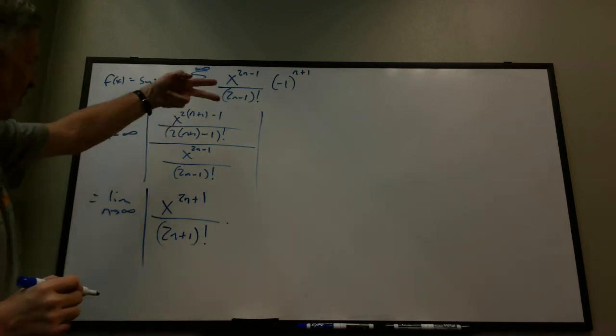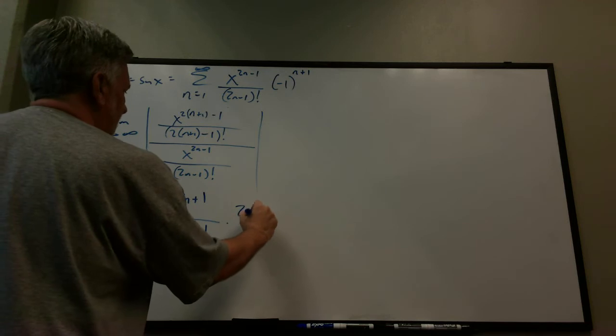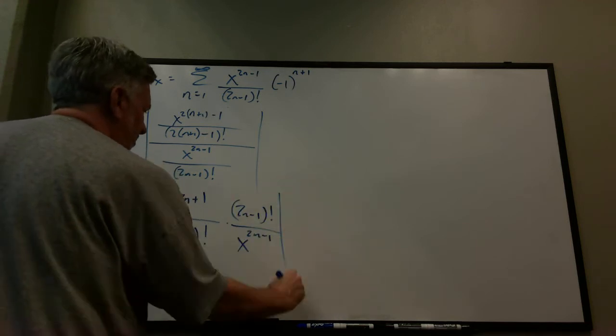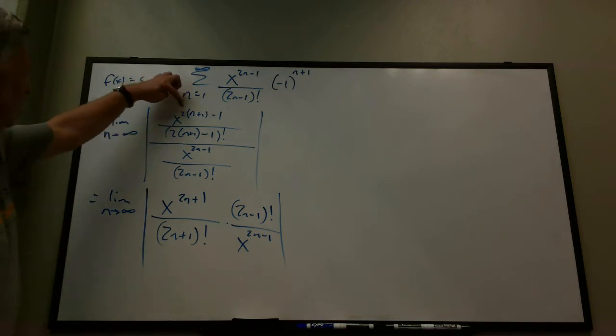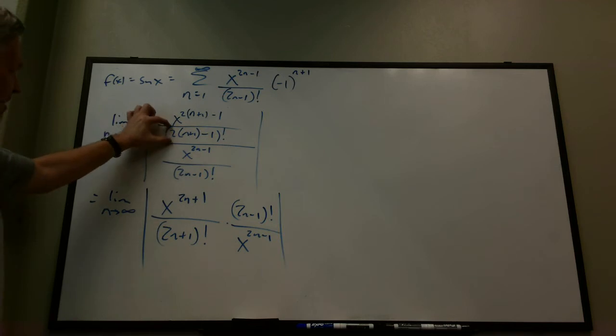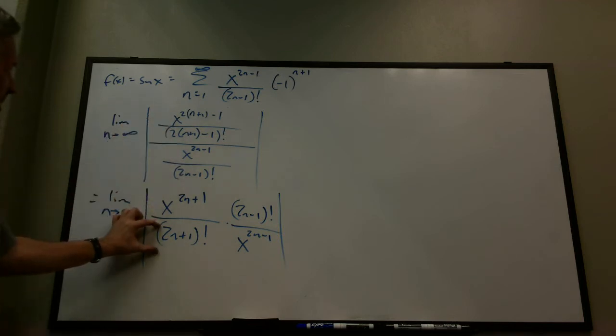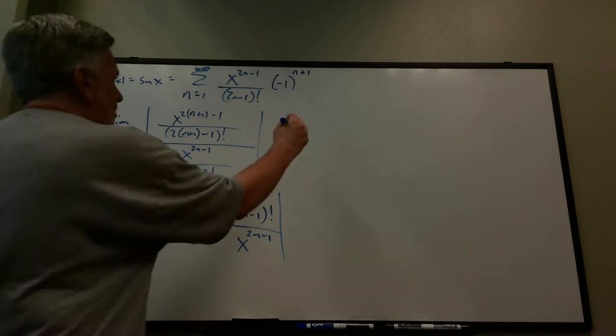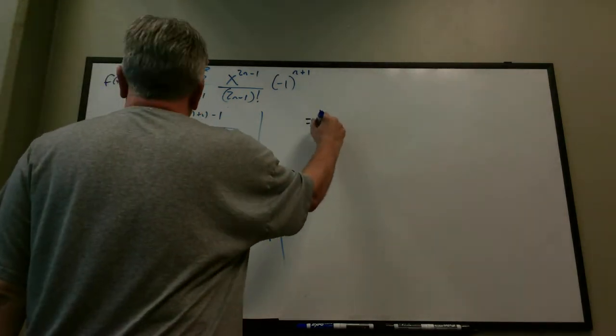And I'm going to invert and multiply, so I get 2n minus 1 factorial over x to the 2n minus 1. Okay, so let me check myself. 2n plus 2 minus 1 is 2n plus 1. I get a 2n plus 1 here as well. Invert and multiply, I get that and that. Okay, so now we're back to the game we were doing before.